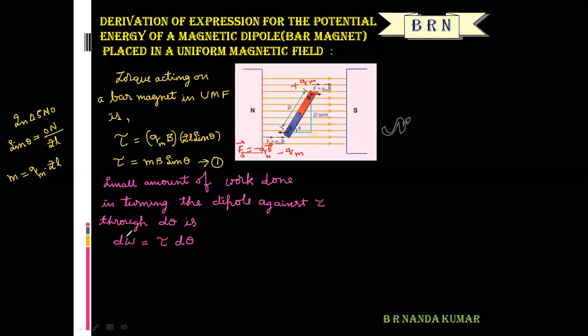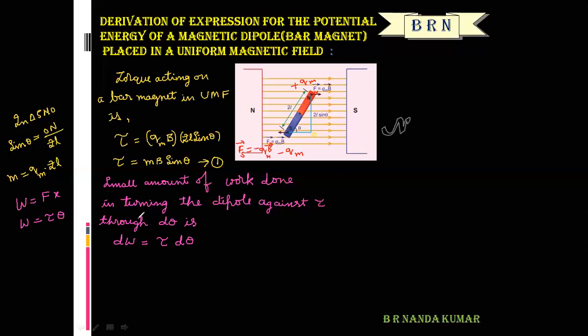Is it not? So in case of linear motion, work done is force into linear displacement. So in case of angular motion, that means the rotational motion, work done is equal to torque into angular displacement.